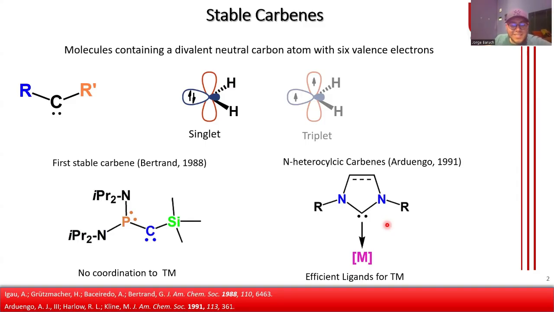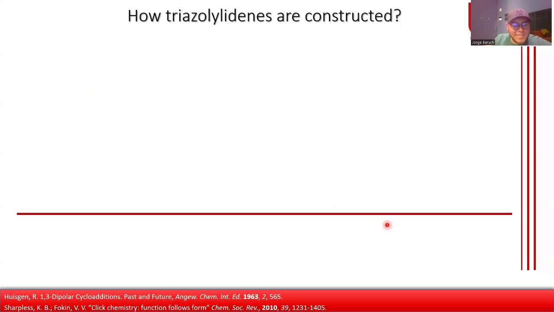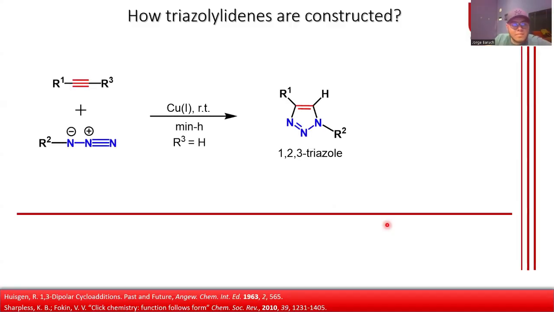So after these carbenes are isolated and they are used for coordinating transition metals, the question that arises is how do we construct these molecules, right? In organic chemistry, there is a very specific reaction used for generating these molecules, which relies on the reaction of an internal alkyne, in which two carbon atoms possess a triple bond.